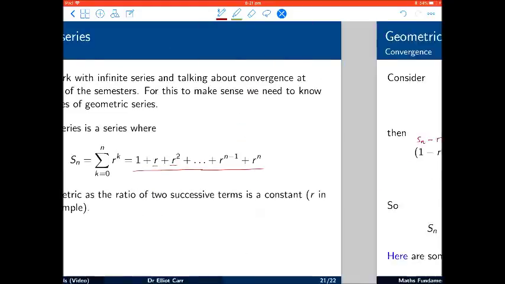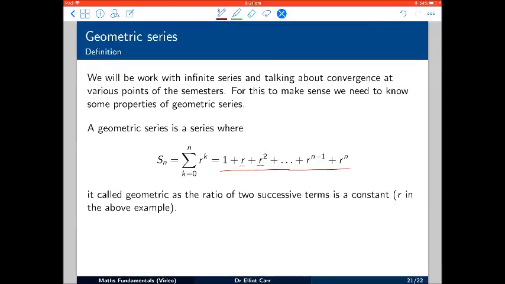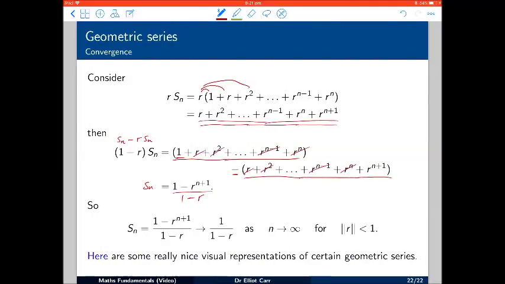And if I wanted to look at what this sums to as n goes to infinity, provided r is between -1 and 1, so r is less than 1 and greater than -1, this should just be an absolute value, then provided this is the case, the term r to the n plus 1 will go to 0 in the limit as n goes to infinity.